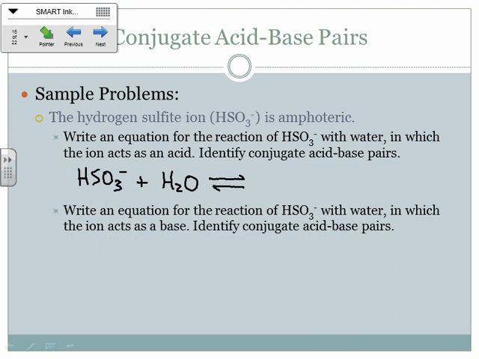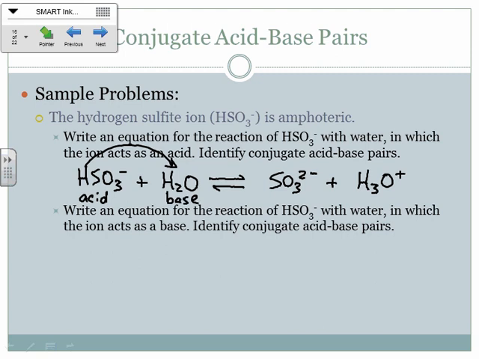So we want to think about where the HSO3 minus is acting like an acid. If it's acting like an acid, that means it's giving away a proton. It's donating a proton to the water here, so we're going to end up with SO3 2 minus on this side plus hydronium, H3O plus. Okay, and then I didn't leave myself a lot of room down here, but this is our acid here. This is our base.